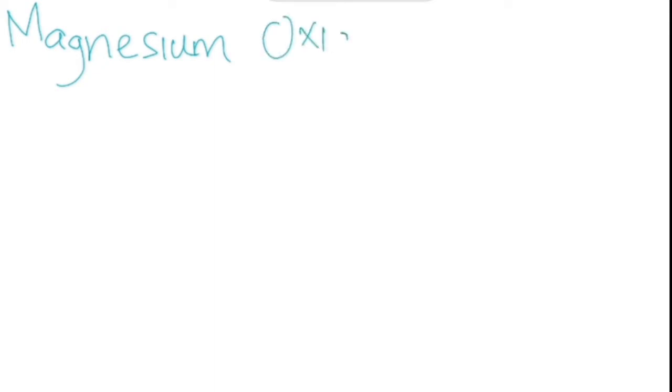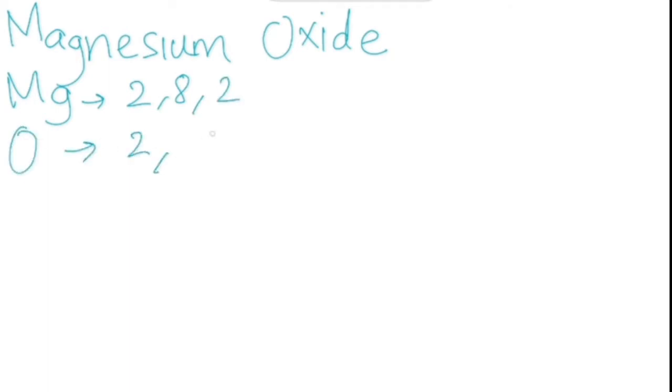So let's look at another example. This time let's see magnesium oxide. Magnesium oxide. So magnesium, when you write the electronic configuration, it's 2,8,2. Oxygen is 2,6. The oxygen atom needs 2 electrons to obtain a stable electronic configuration, and the magnesium atom needs to transfer the 2 electrons in its valence shell.